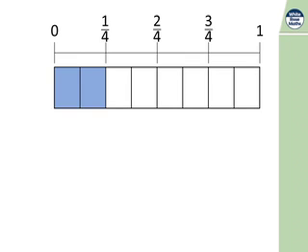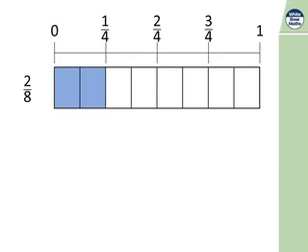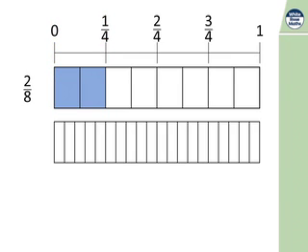One thing we can see is that 2 out of these 8 parts are equivalent to a quarter, as they're the same size. What if we divided our strip of paper into 20 equal parts? How many 20ths are equivalent to a quarter? That's right, 5 20ths are equivalent to 1 quarter.